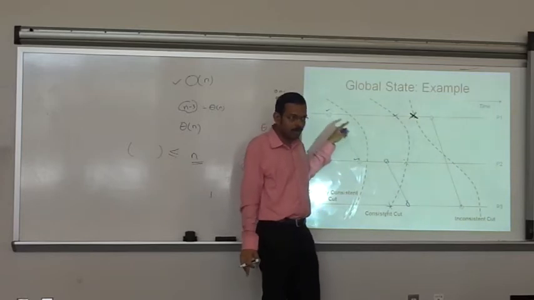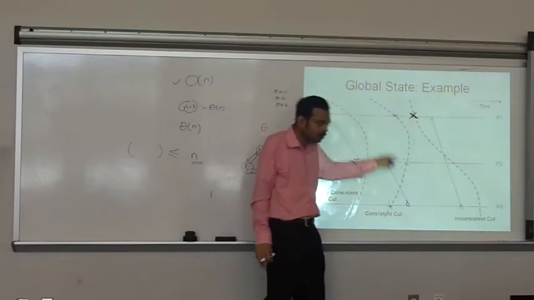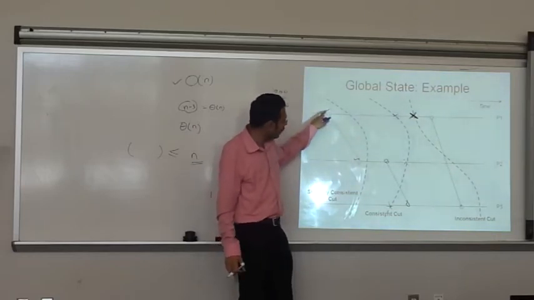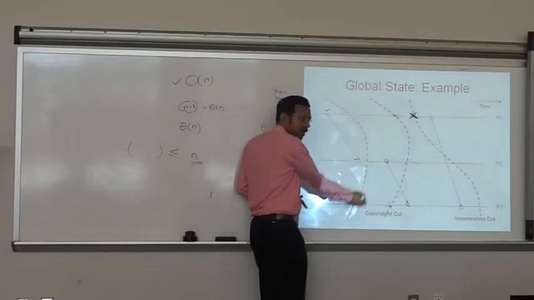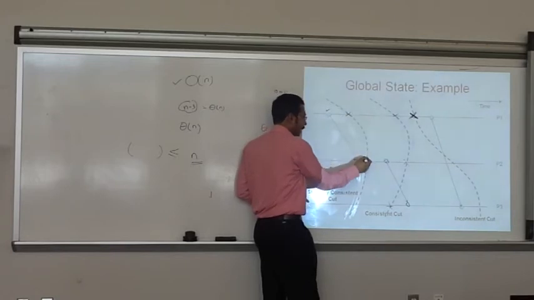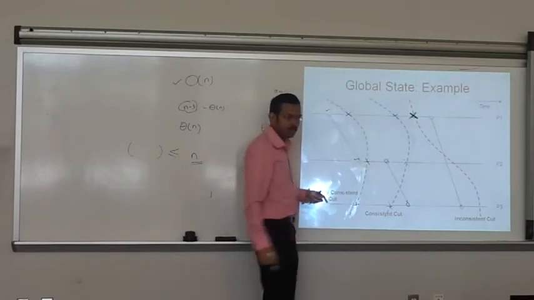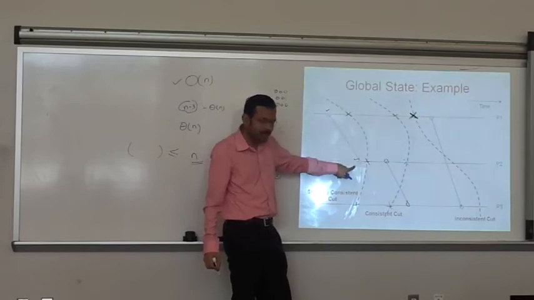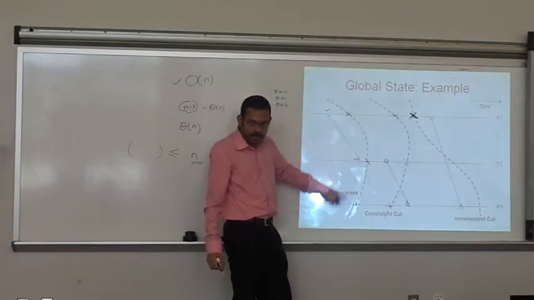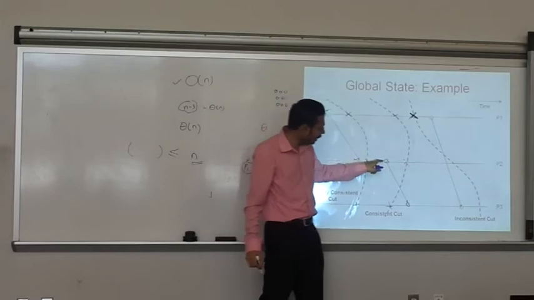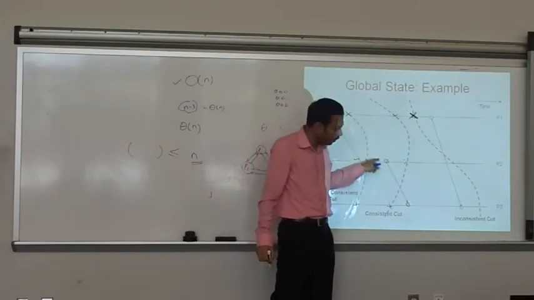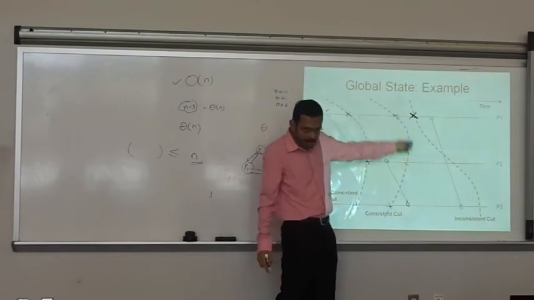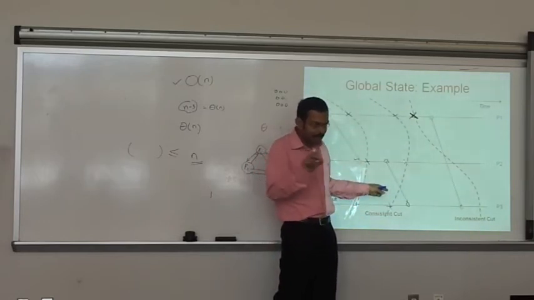Now we call a consistent cut strongly consistent when there's no message in transit, as you see here, for this green line, the local states are collected at these time instances. So the sending event is recorded as well as the receiving event is recorded, and no other message. So there's nothing like this that crosses the cut. You can also look at it like this: if the message crosses the cut, it means there is something in transit.